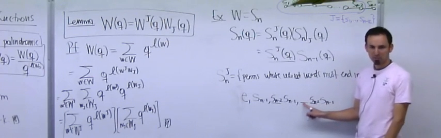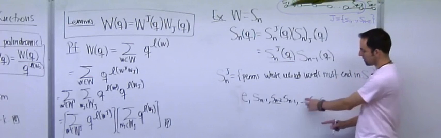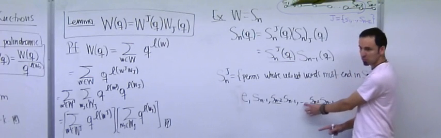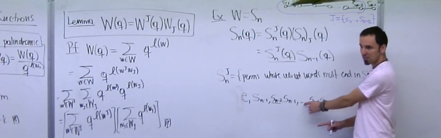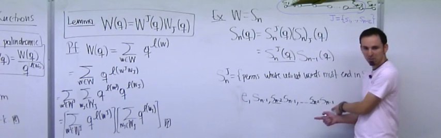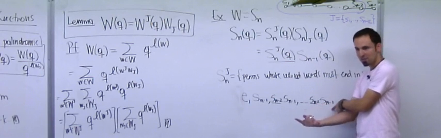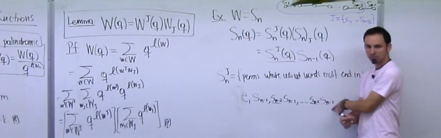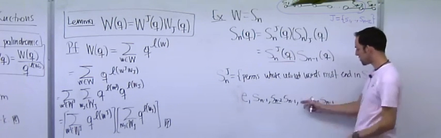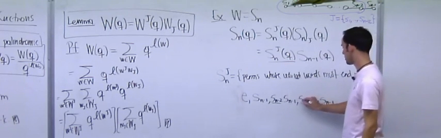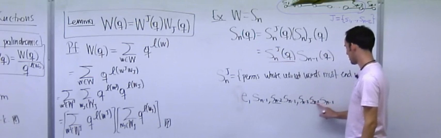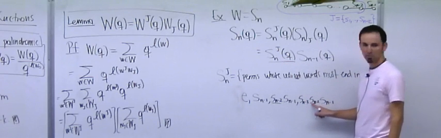Or Sn minus 3, sorry. Now, it can't be Sn minus 2 because this wouldn't be reduced. Can it be Sn minus 1? No, because I would have a braid relation. Sn minus 1, Sn minus 2, Sn minus 1, I could switch that to Sn minus 2, Sn minus 1, Sn minus 2. So it can't be that either. So this must be Sn minus 3. Okay. You see the pattern.